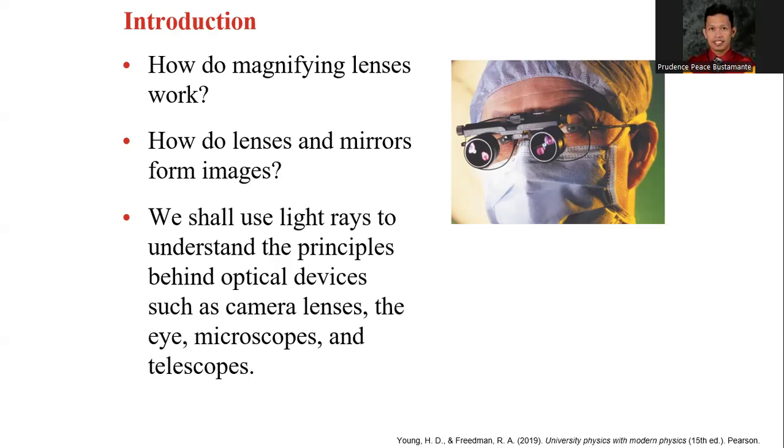We will use the concept of light rays to understand the principles behind optical devices such as camera lenses, the eye, microscopes and telescopes. You need to review the discussion on the previous chapter, chapter 33, the nature of light.